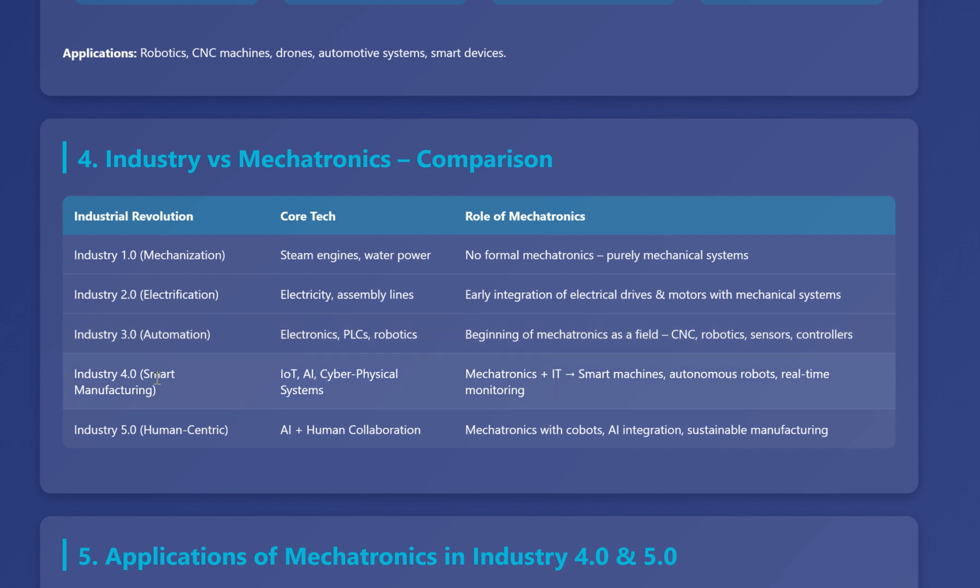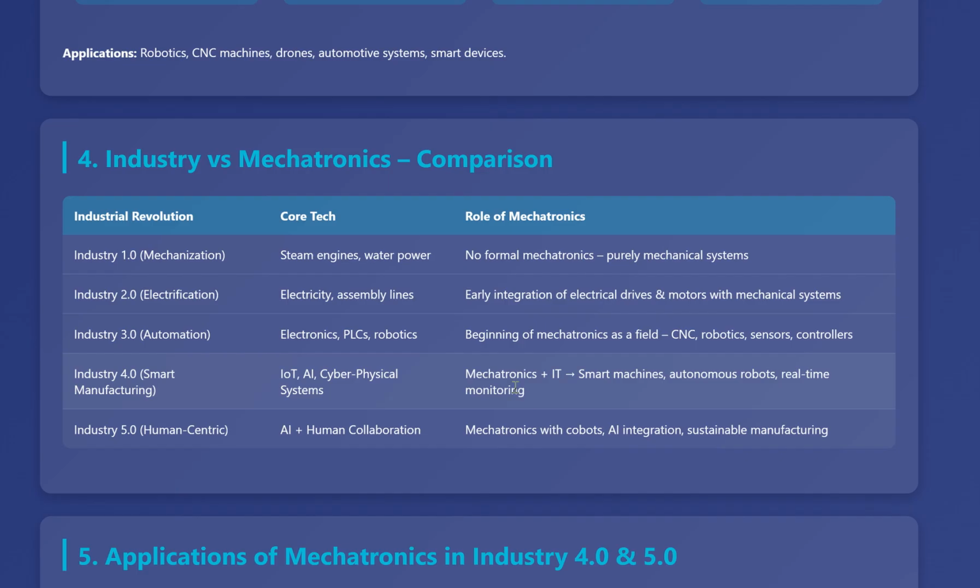But the current one we are using is called what? Industry 4.0, because this is smart manufacturing, in the sense that it has the Internet of Things, AI, and cyber-physical systems, integrated to have things like IT processing, smart machines, autonomous robots, and even real-time monitoring.